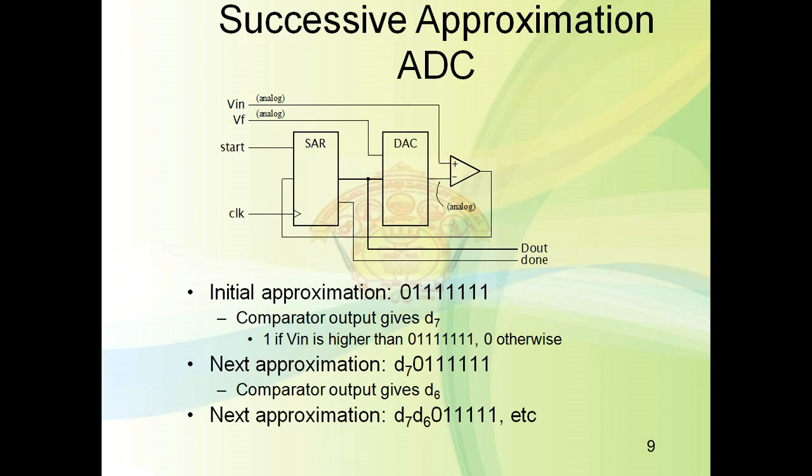But for a larger number of bits we have to go for this type. There are various other types of ADCs in digital circuitry, but depending upon the speed, the area, or the components required, we can select a particular ADC.